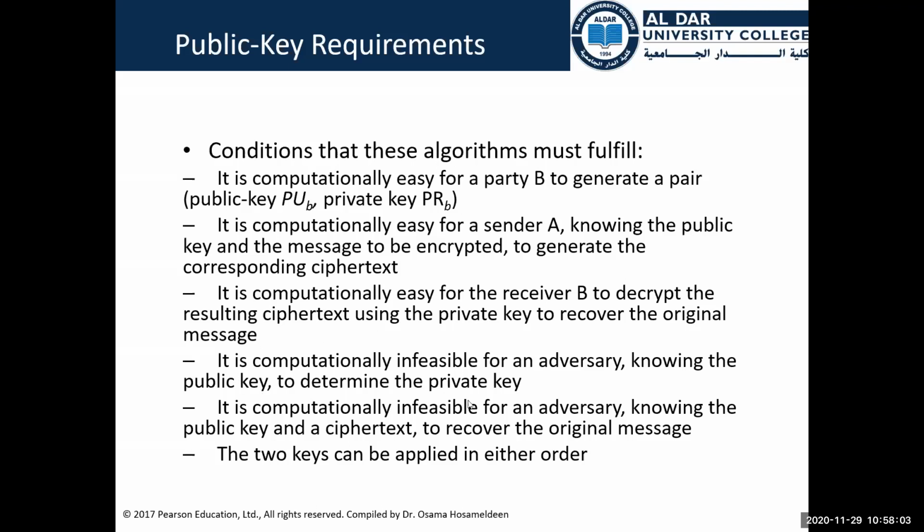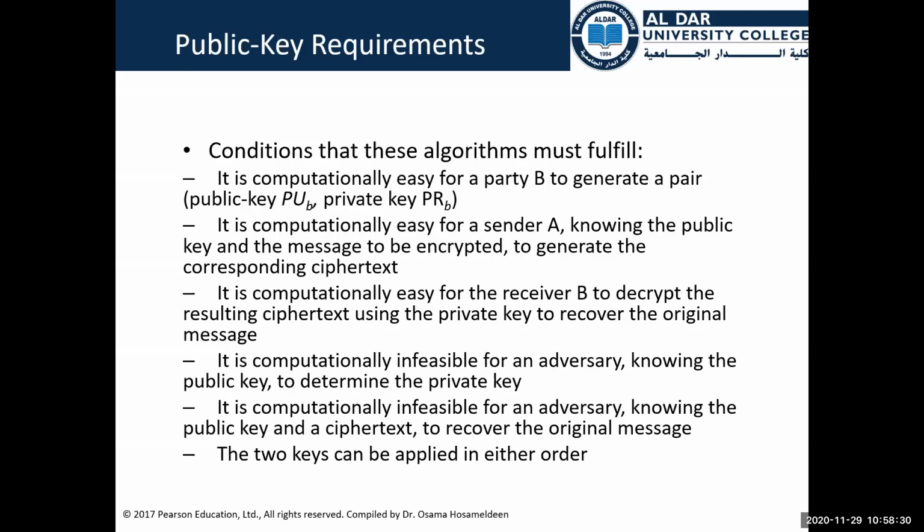And the most important requirement here is that it is computationally infeasible for an adversary knowing the public key to determine the private key. So if an adversary eavesdropping on the channel captures the public key, he will never be able to guess the private key.